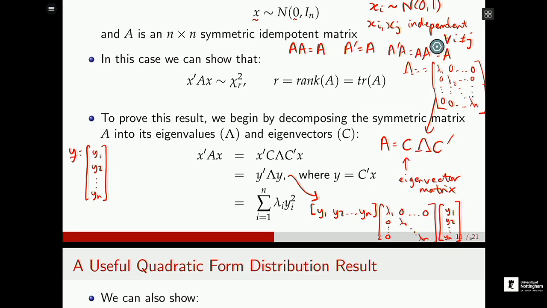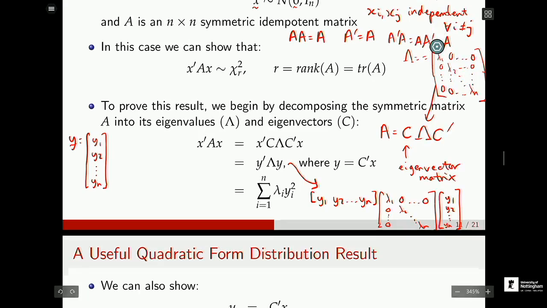You'll get a column vector with lambda 1 Y1, lambda 2 Y2 going down. Then do that row vector times the column vector and you'll get this sum of squares times the eigenvalues. Alright, so that just writes it in a different form, as a sum of terms.